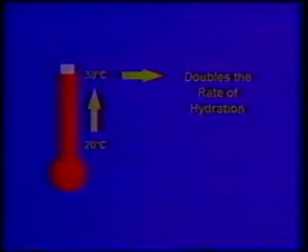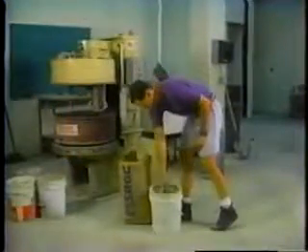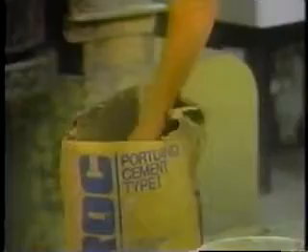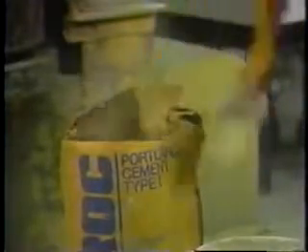It is important to remember that when the weather gets cooler, concrete is slow to harden and must be kept in forms for a longer period of time. Hydration of concrete can also be controlled by using different types of cement to counteract the effects of high or low temperatures in the field.